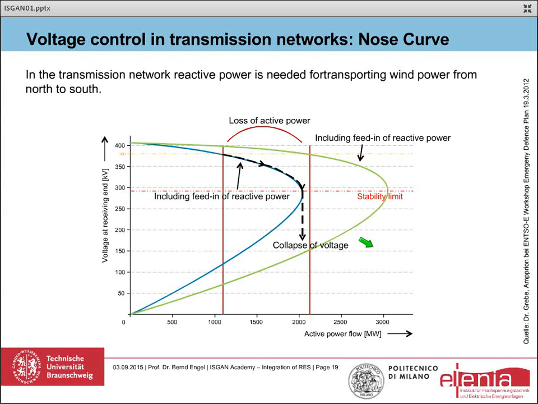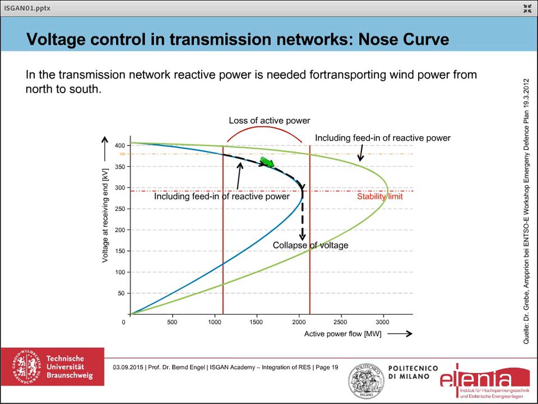And we see in the blue curve that we have to provide, or if we don't provide enough capacitive power, we can have a collapse of the voltage here at a little more than 2 gigawatt over the transmission line.